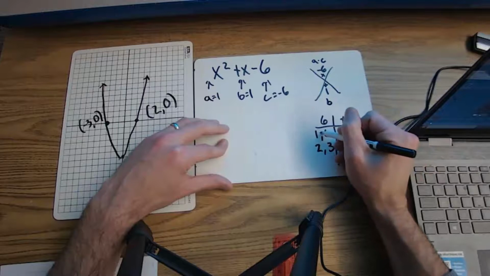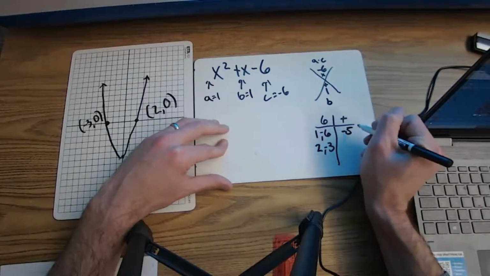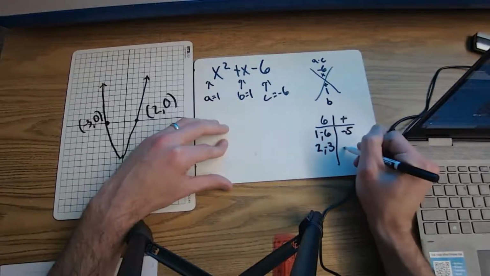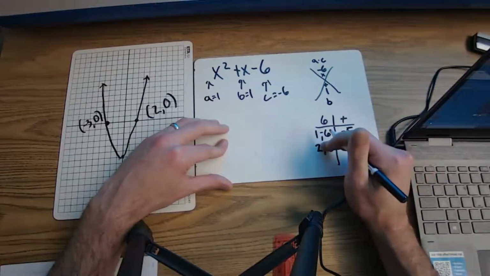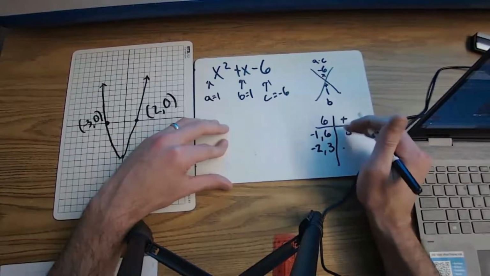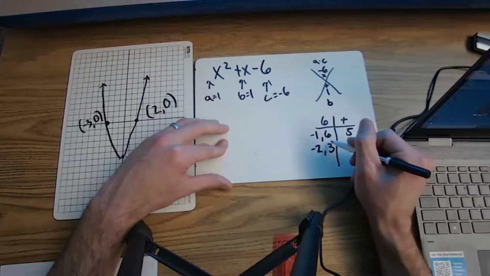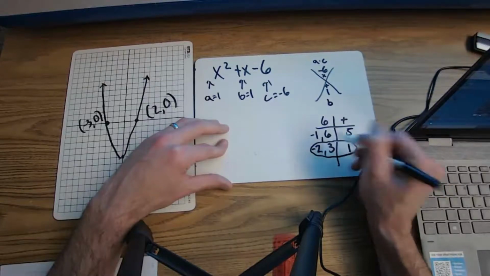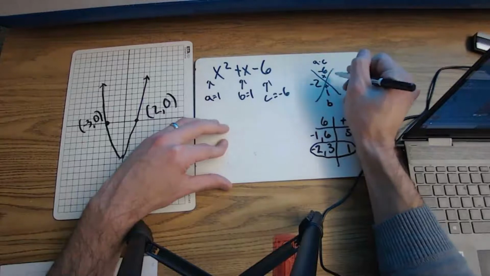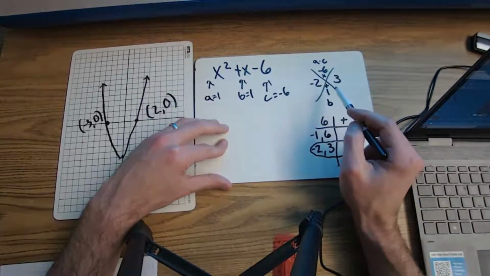Oops, my bigger number needs to be positive, so that's a +3 and a -2. These are the two numbers that I need: -2 and 3.